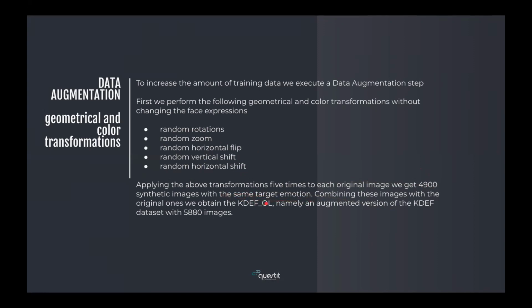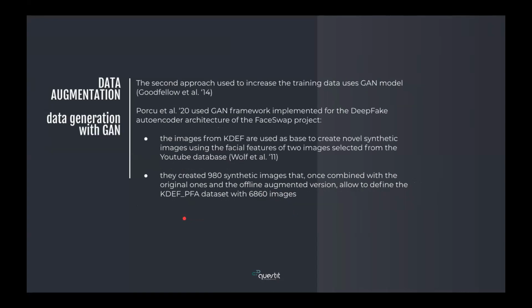So we do not change the target emotion by applying this kind of operator. We combine these images with the original ones and obtain a new dataset that we called KDF-OL, where OL stands for offline, with a number of images of 5,880. The second approach to data augmentation is using GAN models.